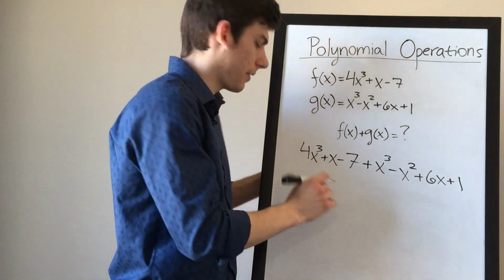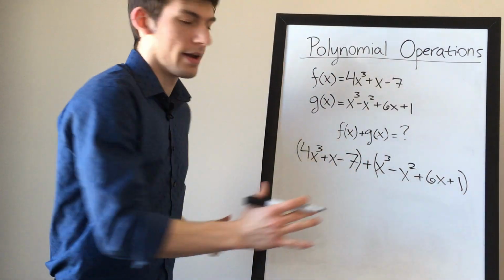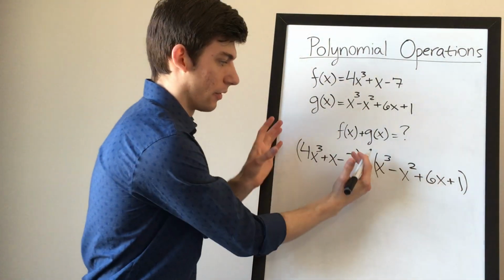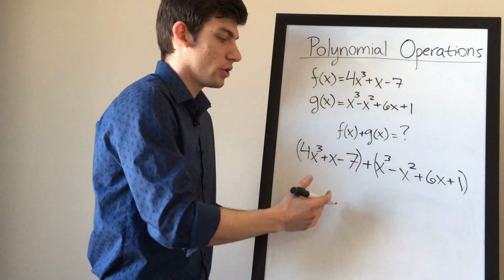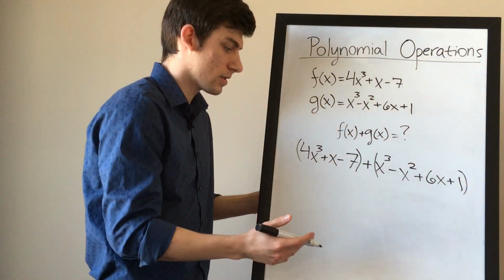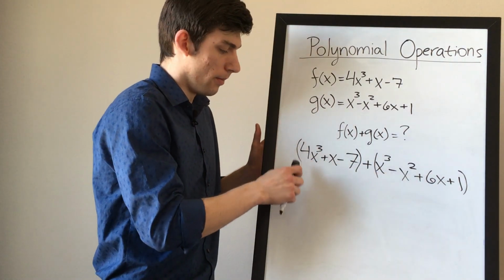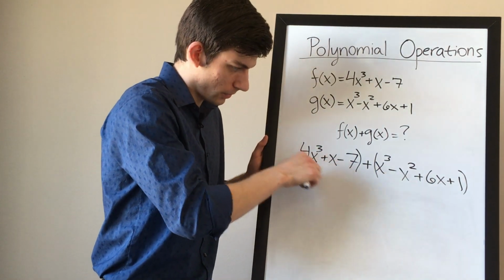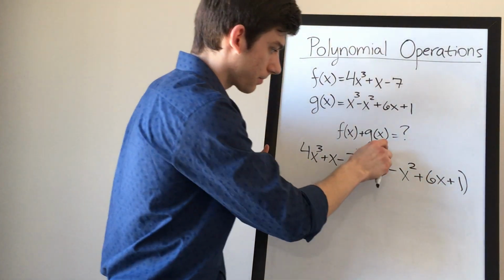Usually when I write these down, I like to write parentheses at first, just so in my mind the two are grouped apart, so I know that this group is f of x and this group is g of x. But in the case of addition, you don't actually need parentheses, so I'm going to remove them again to avoid confusion. Once you've written this down, you have an expression for it.